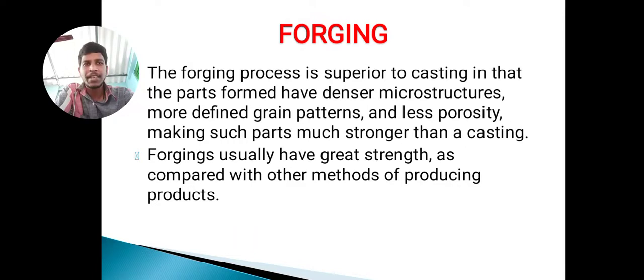Due to these defects, the strength of the work material decreases. That is the main reason we call forging superior to casting, and it usually has greater strength compared with other methods of producing products.